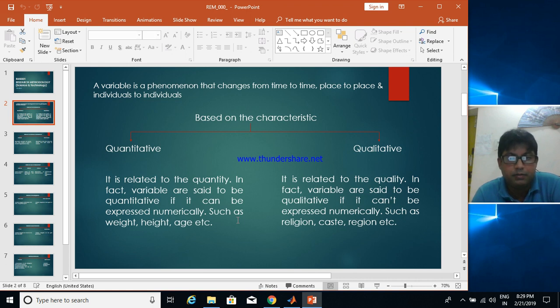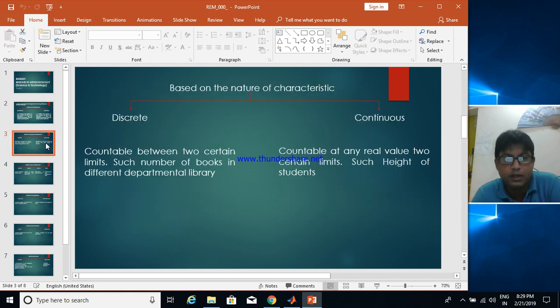That means the variable which can be expressed numerically, such as weight, height, age, etc. The qualitative variable is related to quality. It cannot be quantified numerically, such as religion, caste, region, etc.